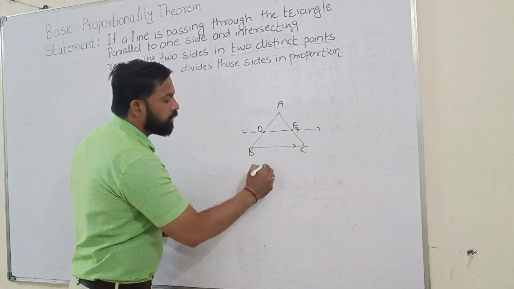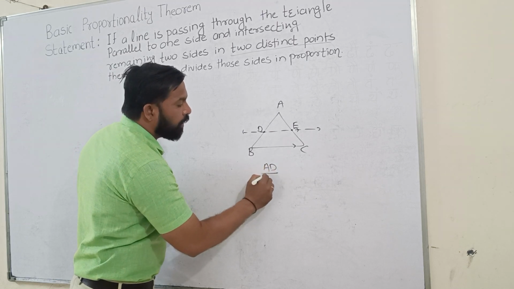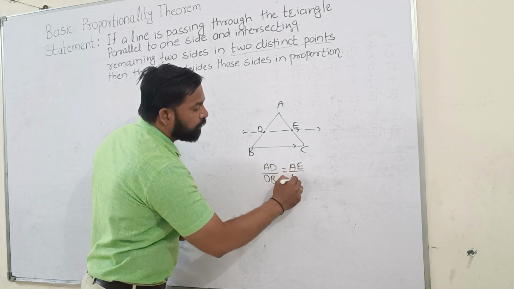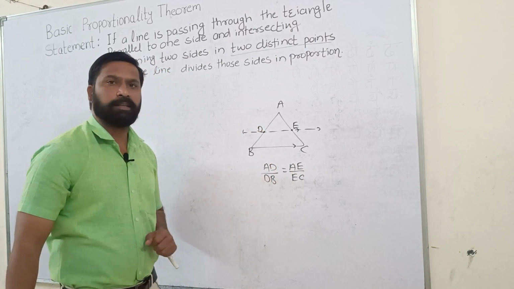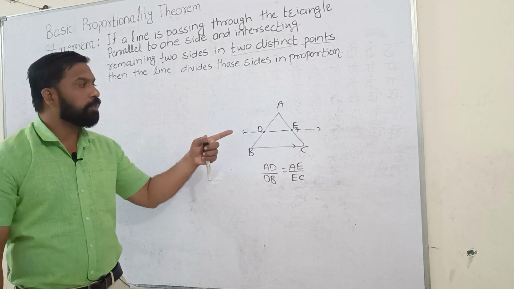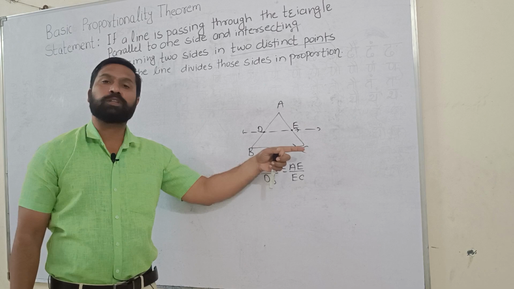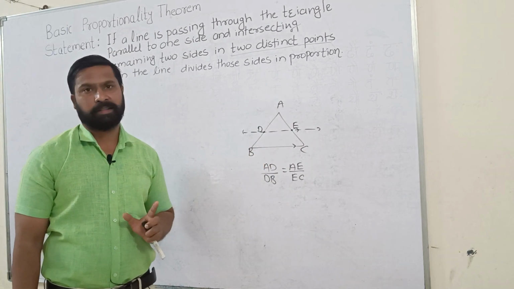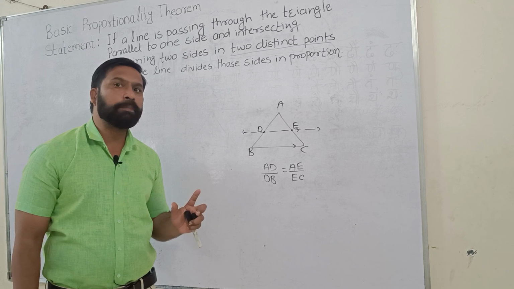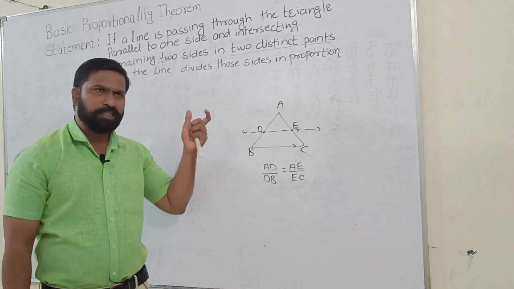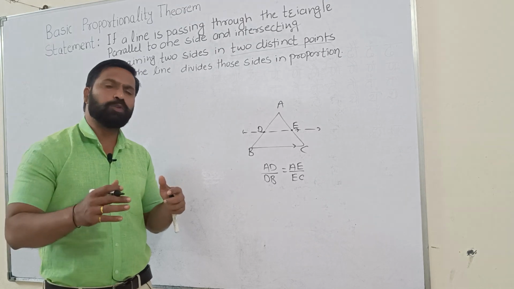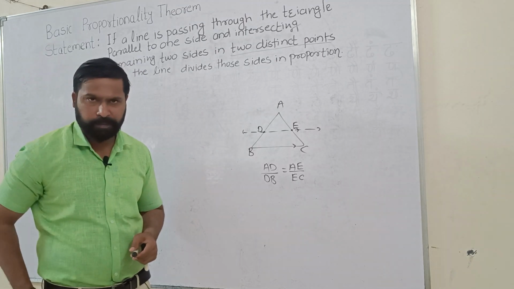If the line is passing, then AD upon DB is equal to AE upon EC. The passing line divides the intersected sides in proportion if it is parallel to the third side. This is all about the BPT statement. The statement is quite easy to understand. It is not hard. It is easy to prove as well. It is not a hard theorem.